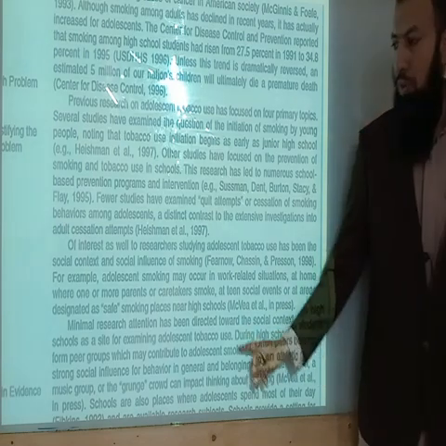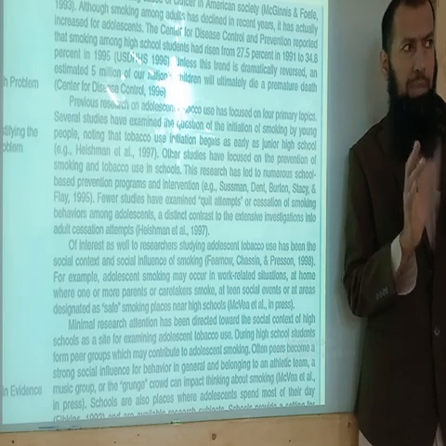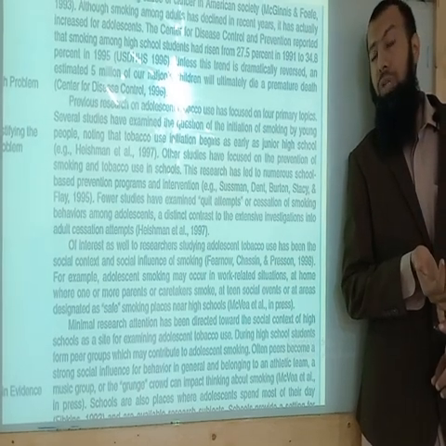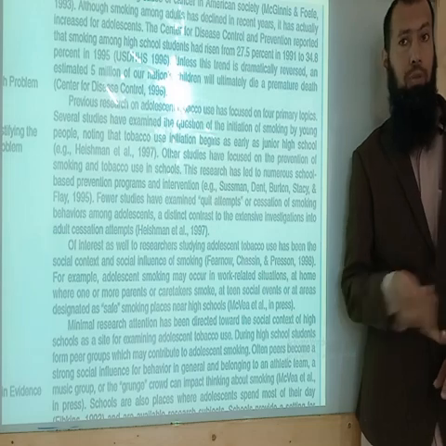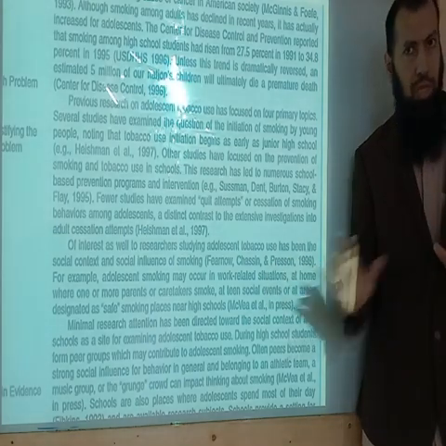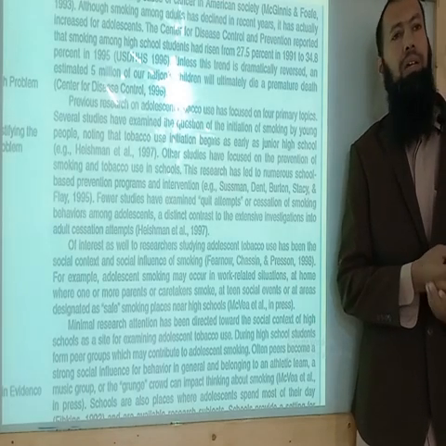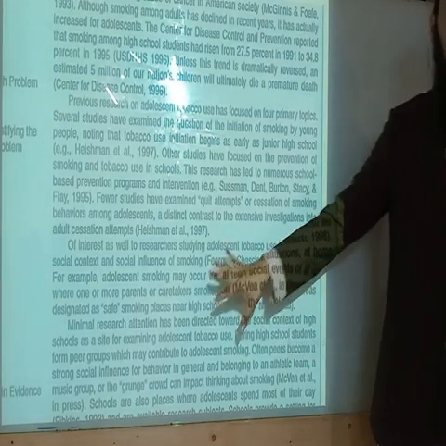See, now this is a deficiency, that minimal focus has been given to the social context. What are the social factors which are making adolescent smokers? So this research is talking about the social factors which are creating adolescent smokers. In the last part, it is only talking about the audience.